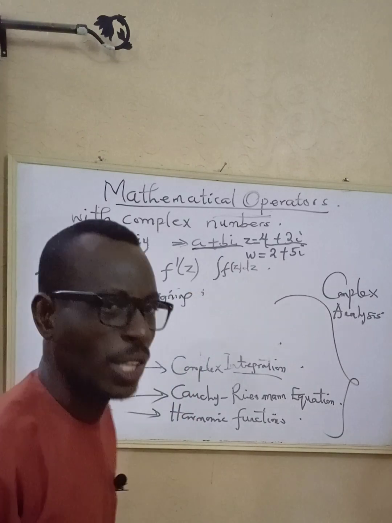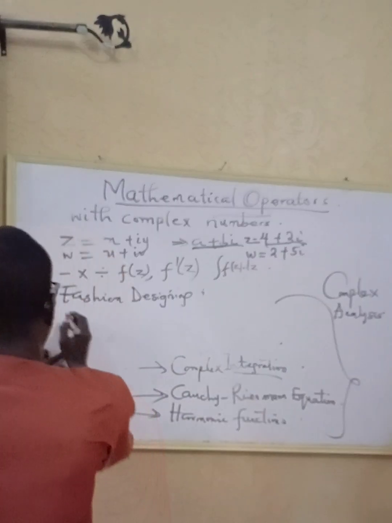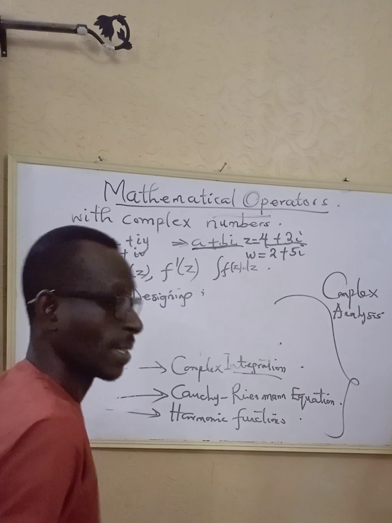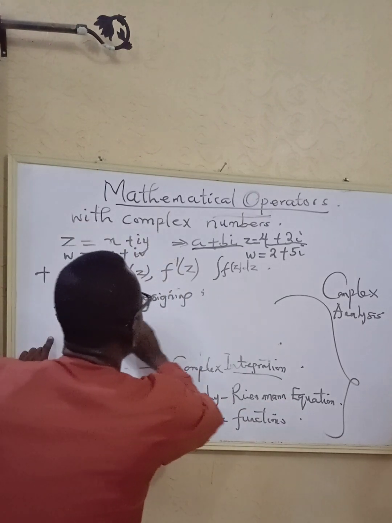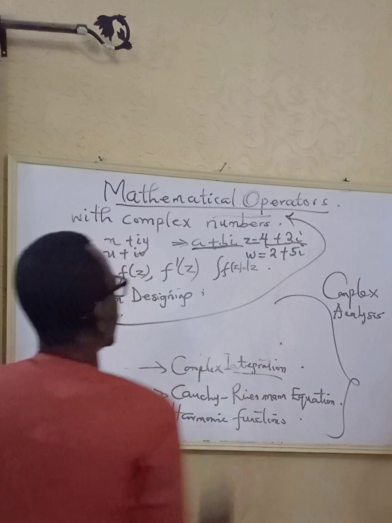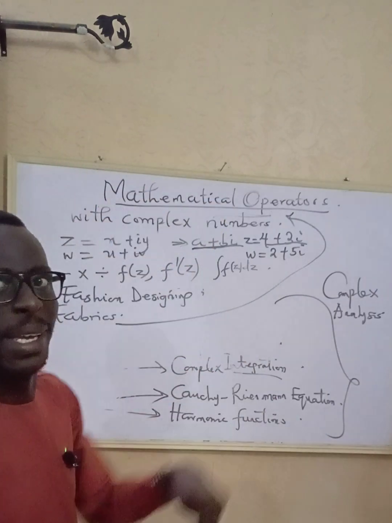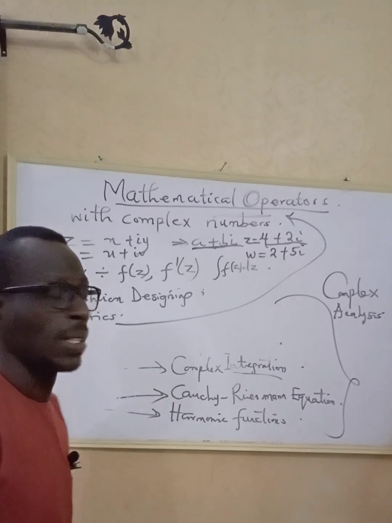We all know that the fashion designer has to do with fabrics. That's their major tool. This leads to the same as the complex number, being the basic and the core course we are discussing.